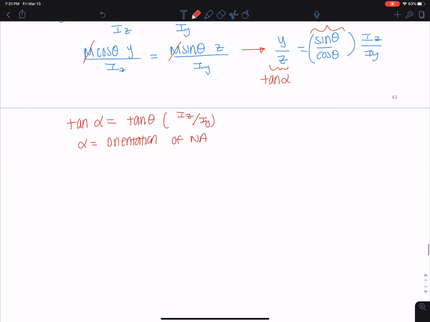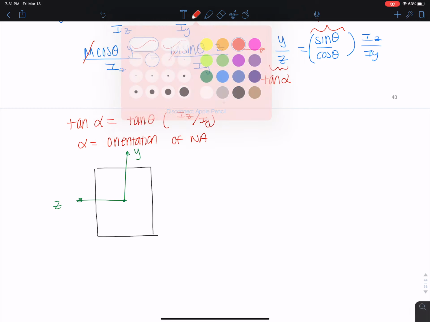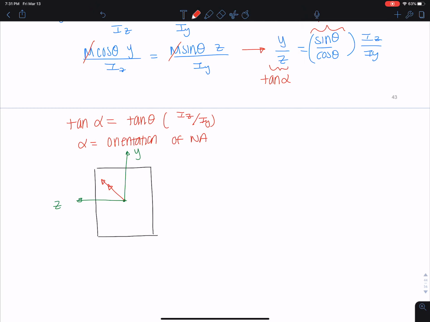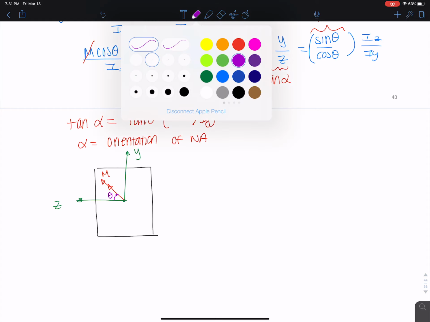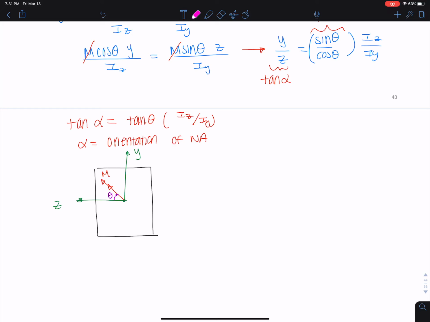So let me draw that for you. This is my M. And some theta would be this here. And my alpha, where is my alpha? I'll do pink. My alpha is some neutral axis orientation here, let me try to get this to go through this point.